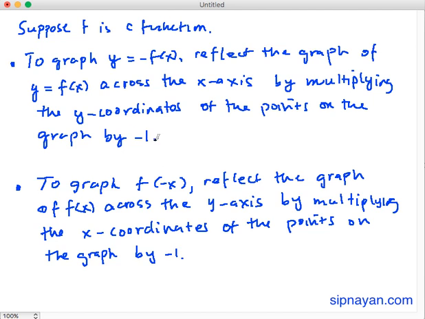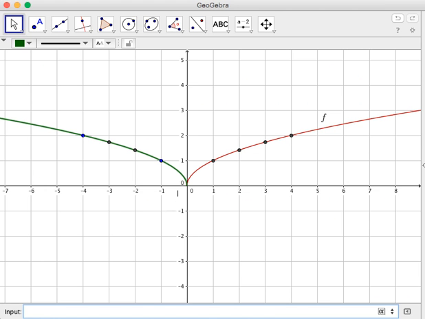Kanina, yung y-coordinates ang minultiply natin sa negative 1 para maging reflection siya about the x-axis. Ito naman, we multiply the x-coordinates by negative 1 to reflect about the y-axis. Kita naman dito na nag-reflect nga siya about the y-axis.